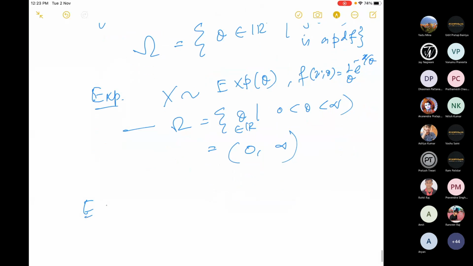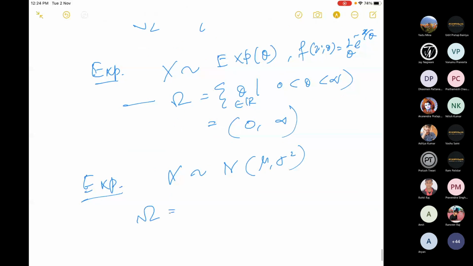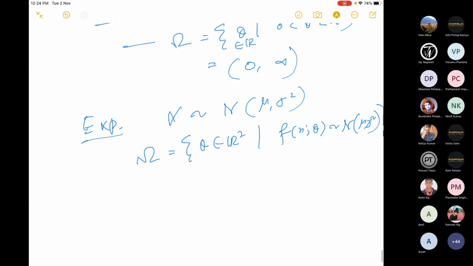Another example: let's say X is normal with mean mu and variance sigma square. What is the parameter space? Your parameter space is all those theta belonging to R square such that f(x; theta) would be normal. Here sigma square cannot be a negative number, because the variance is always positive. So this is the set of (mu, sigma square) in R square, such that mu could be anything, but sigma square should be bigger than 0.